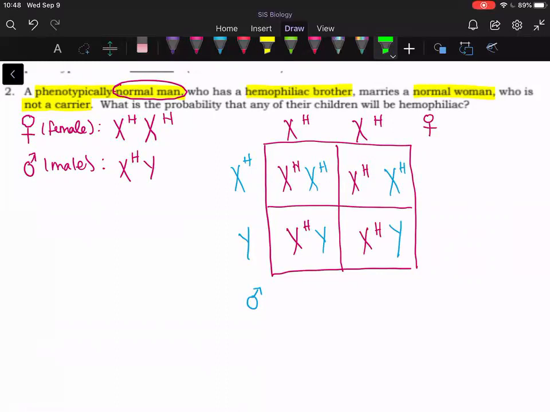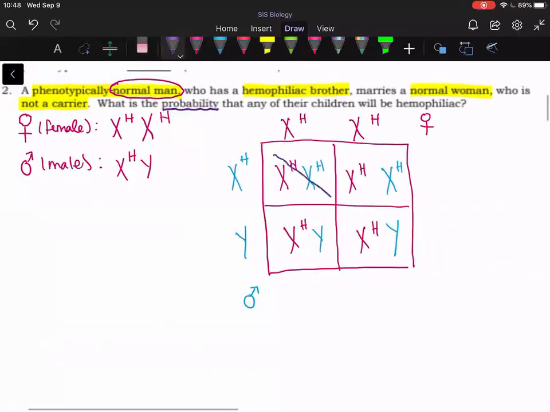No. So the correct answer when it's asking, let's read what is the question asking? What is the probability that any of their children will be hemophiliac? Well, this child is not hemophiliac. This child's not hemophiliac.